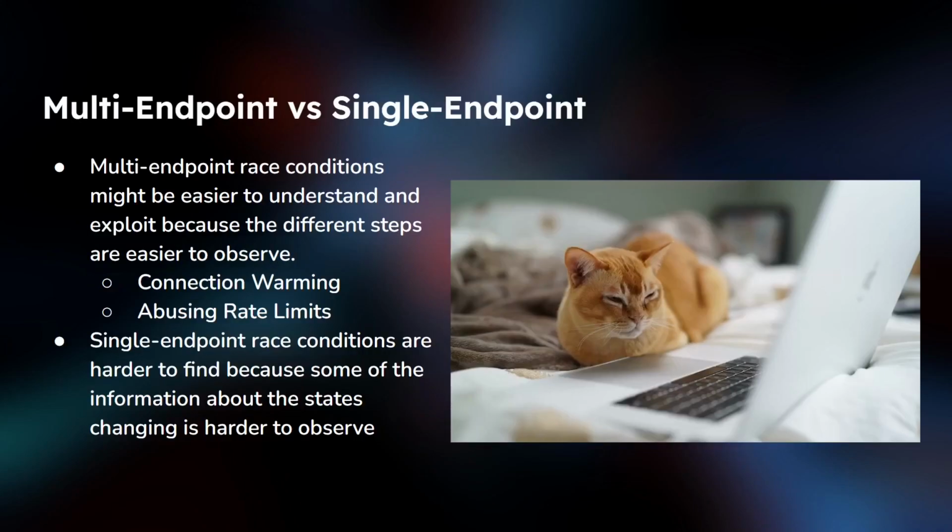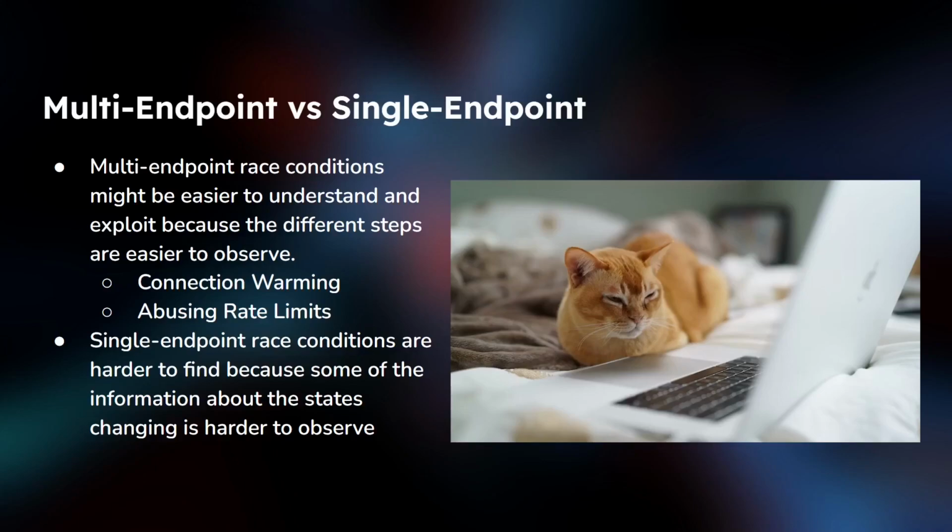When we talk about multiple endpoints versus single endpoints, there are some pros and cons. A multiple endpoint race condition, like the shopping example I was talking about, where you add something to your cart or remove something from your cart before you check out, involves multiple endpoint API queries. It's easier to trace or understand that exploit because those different steps are observable.